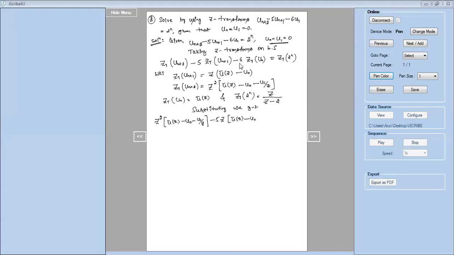The next term, minus 6 into Z transform of u(n), which is u bar of Z, is equal to the right-hand side, the Z transform of 2^n, which is Z by Z minus 2, right? So we have substituted all the functions here.